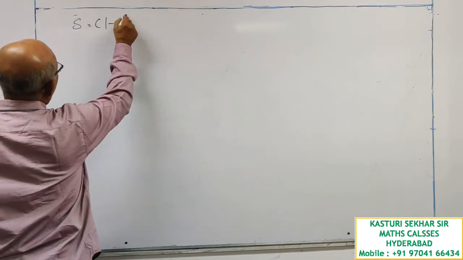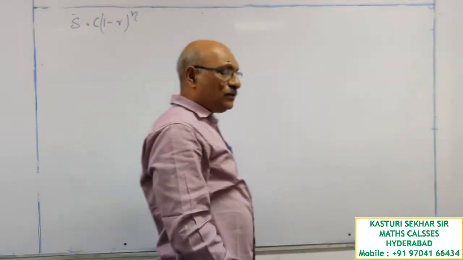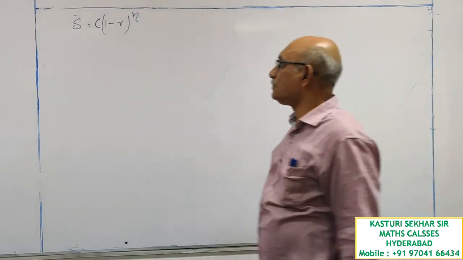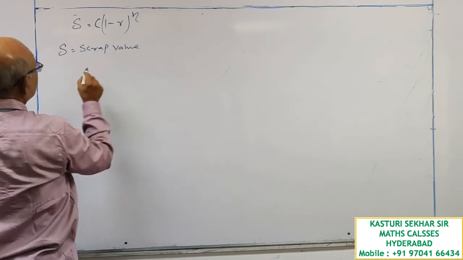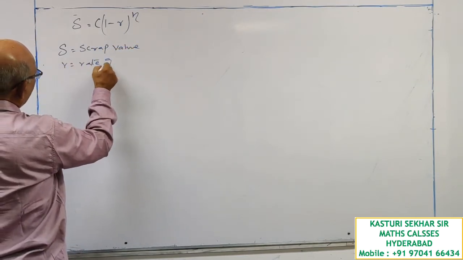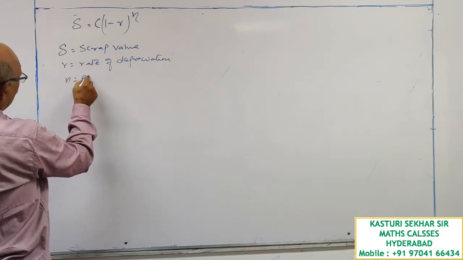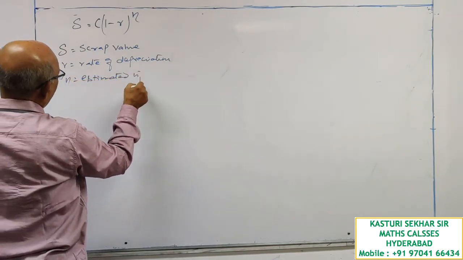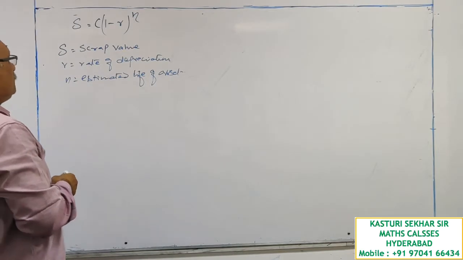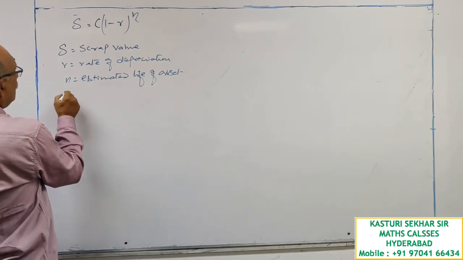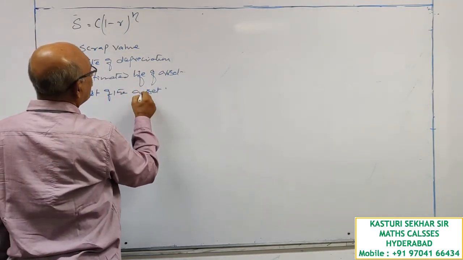S is equal to C into 1 minus R whole power n, where S is equal to scrap value, R is equal to rate of depreciation, N is equal to estimated life of the asset, C is equal to cost of the asset.